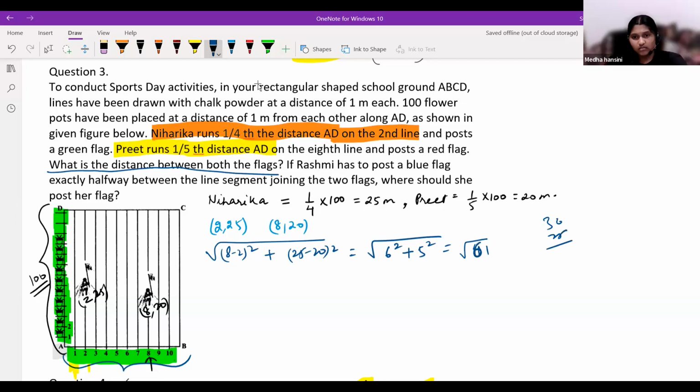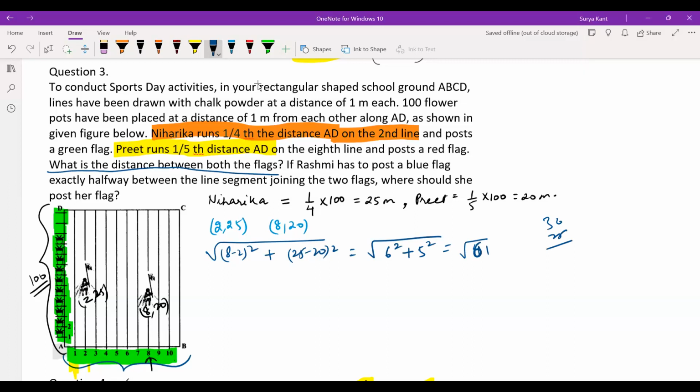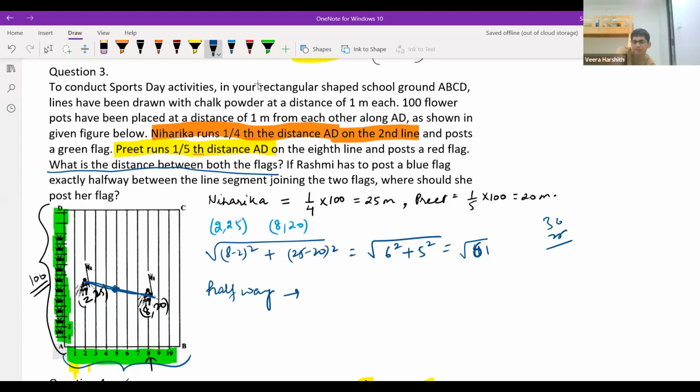Yes, sir. Again, now the halfway between the line segment, joining the two points. So the line segment is here, right? So halfway means this only, no? Midpoint. So here X is equal to 5 and Y is equal to 22.5. Yes, sir. 5, 22.5.